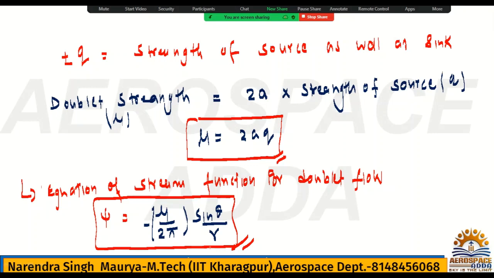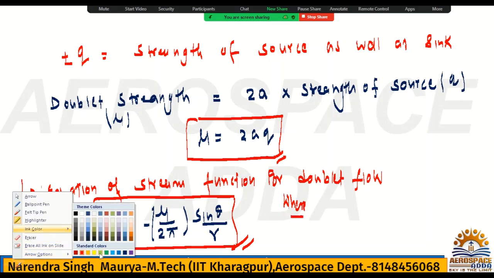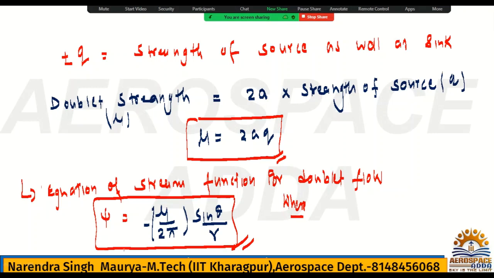Write down where r is the radial distance. Okay, what is the r?